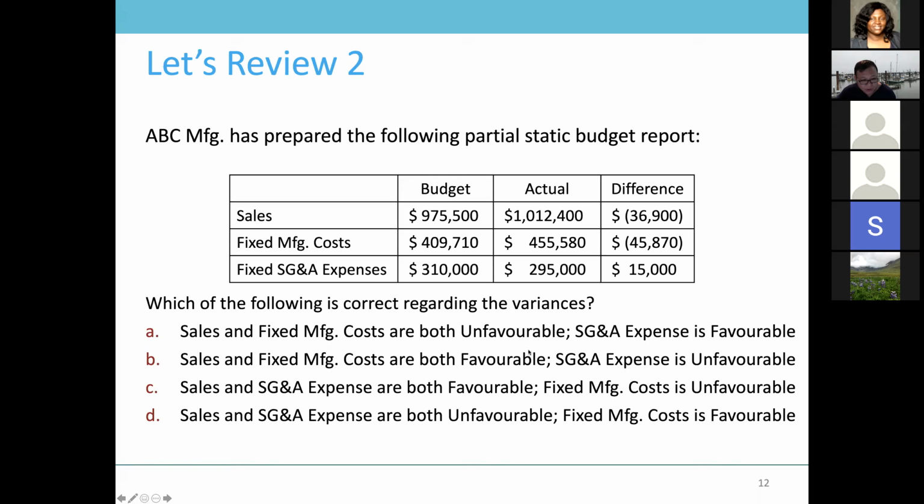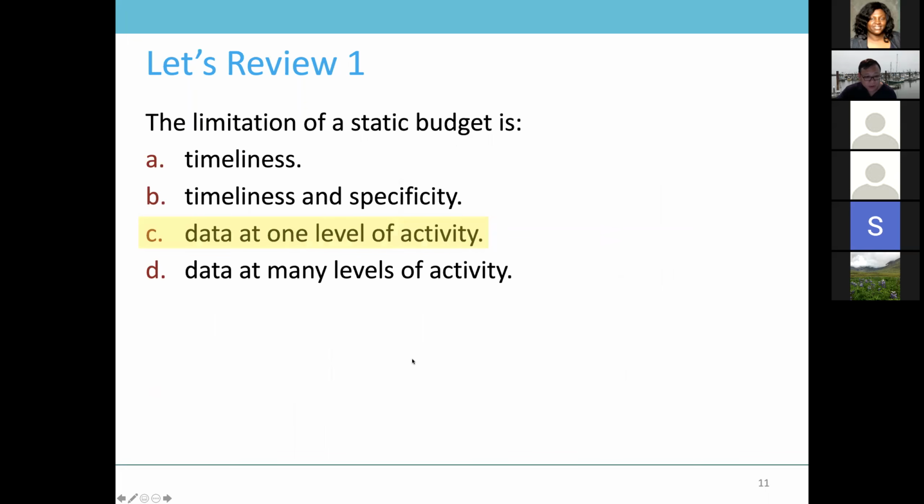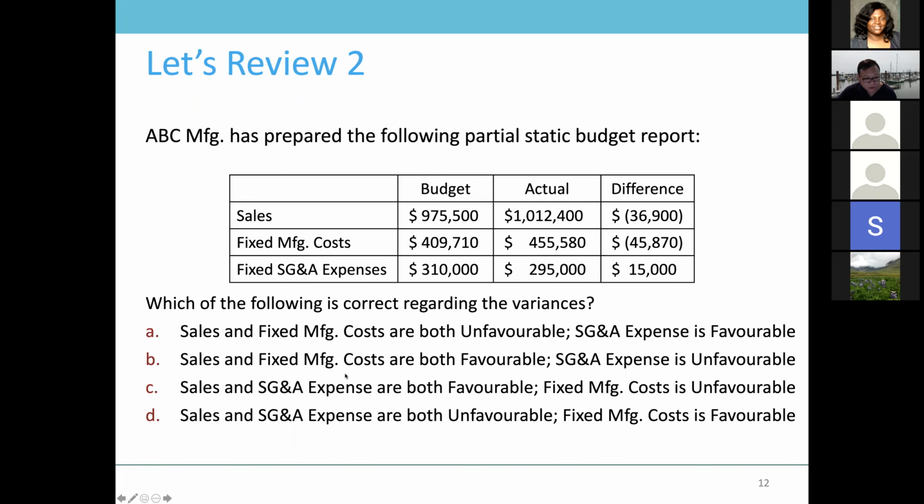So you ruled out B and D, right? Because we know fixed manufacturing cost is unfavorable. For the fixed selling, general, and administrative expenses, the actual is lower than the budget. So that's favorable. So you only have C. Okay.